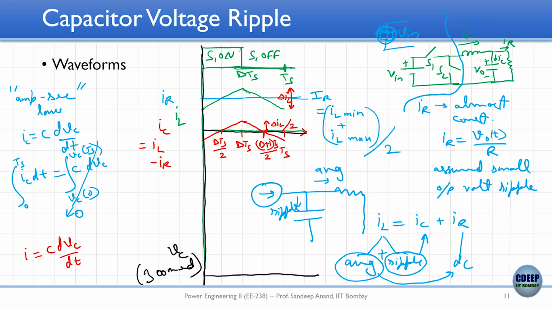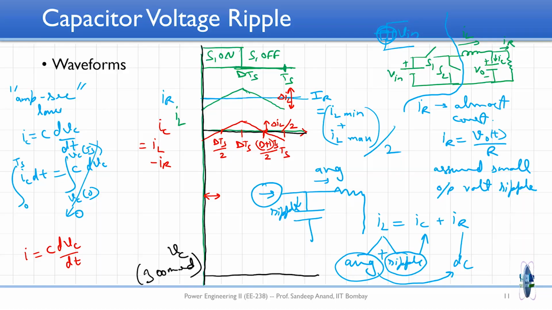Now, between 0 and dTs, in this first period, what would be dV by dt? Would dV by dt be positive or negative? How many of you say positive? dV by dt is nothing but I equal to C dV by dt, right?